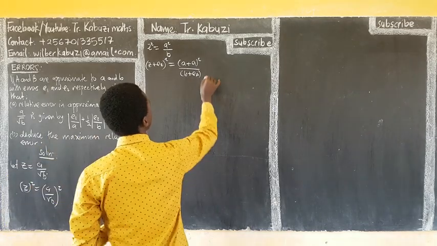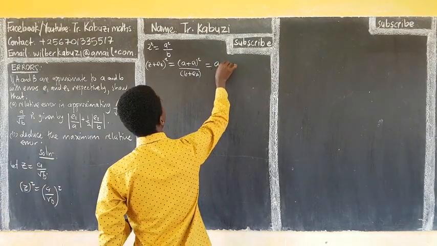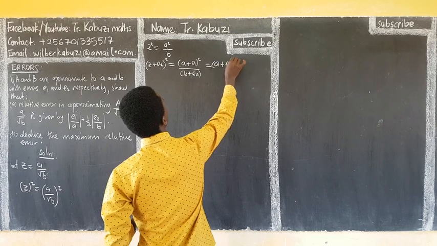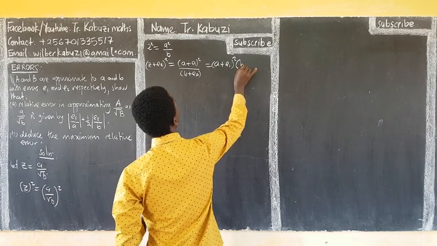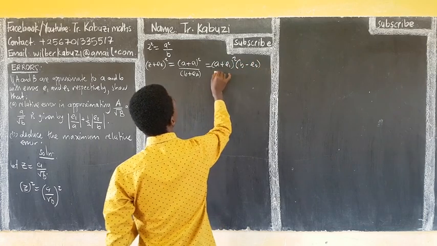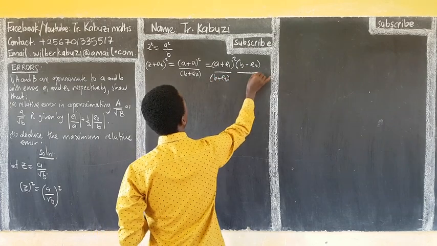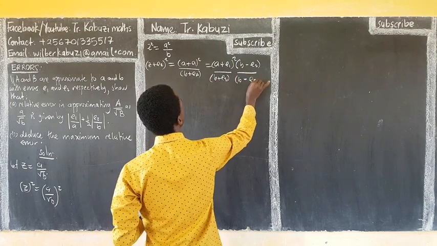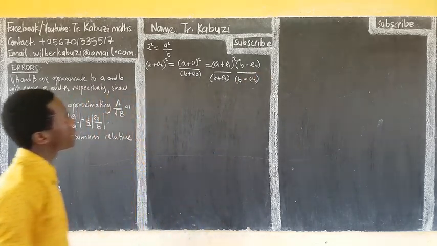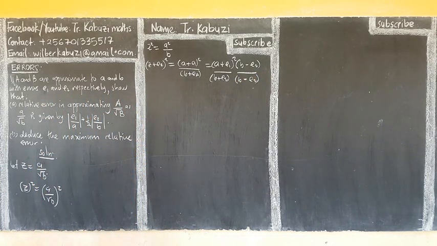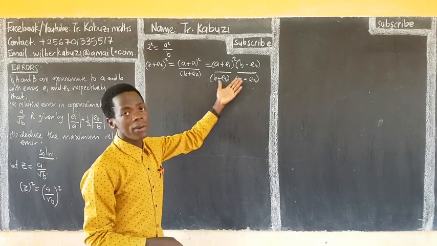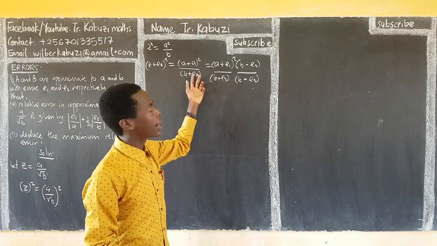So this is the same as (a plus e1) squared into (b minus e2) over the same thing, b minus e2. It's like I'm doing nothing, because this will pass and I go back to this.